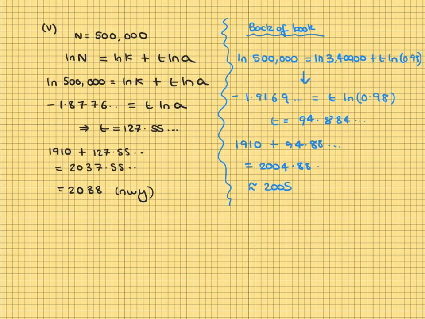So yes, you will get some very different values because you're dealing with logs and exponentials, where small changes can result in very large differences, but just show you're working very clearly, show how you have calculated your gradient, show how you have worked out your y-intercept. If you're using rounded values in the calculation later on, explain that you are using those rounded values.